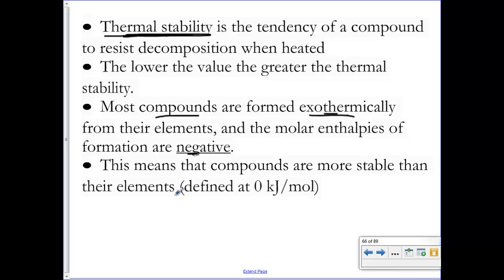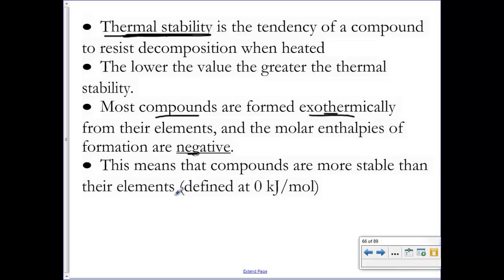How come some are positive? Some are the opposite, and I don't actually have a great reason for it right now. But do you agree that most are negative? Yeah. Okay, so if you have a large negative number for forming it, it means when you form it, it gives off energy. So if you decompose it, it should require energy.